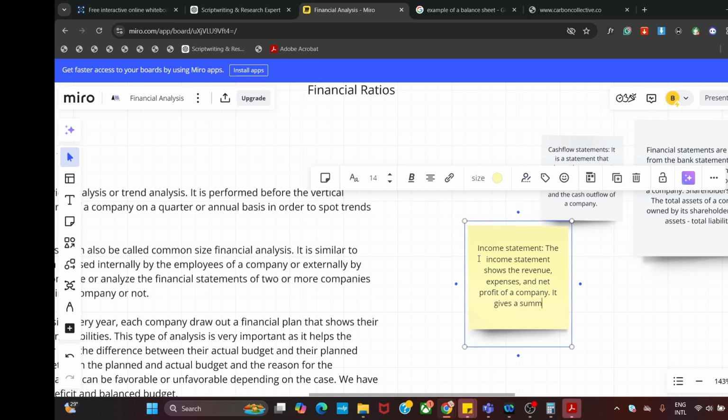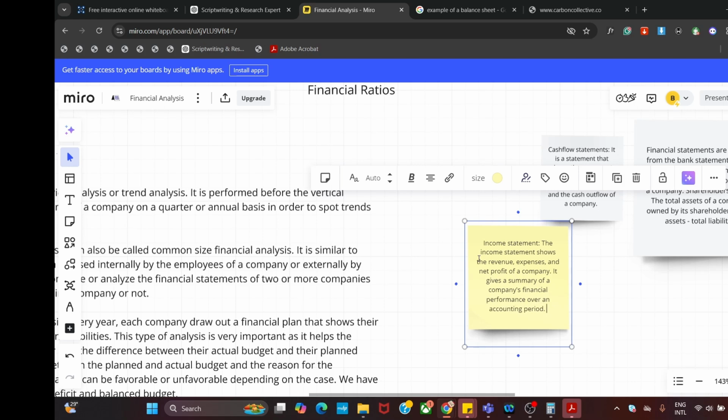Gives a summary of a company's financial performance over an accounting period, usually a year.